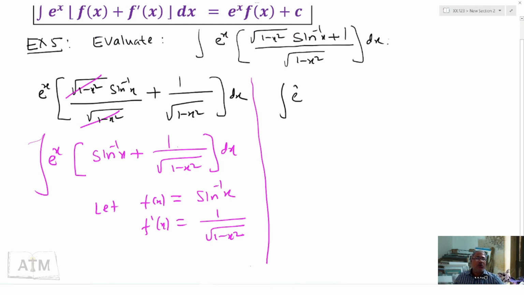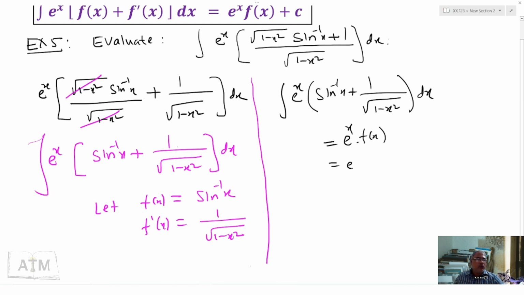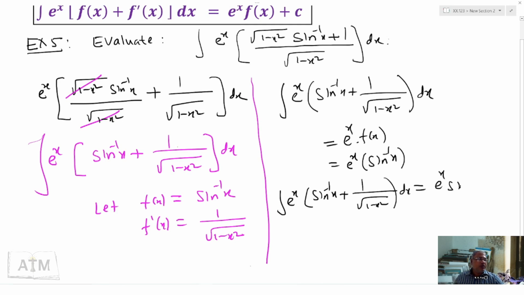Therefore, integration of e raised to x into sin inverse x plus 1 upon under root of 1 minus x square with respect to x is nothing but e raised to x into f of x. What is f of x? That is sin inverse x. So the final answer is e raised to x sin inverse x plus c. This is the required solution.